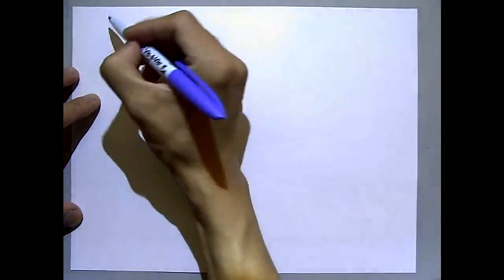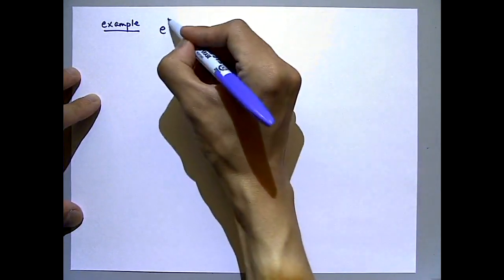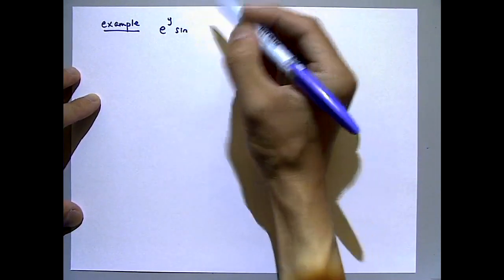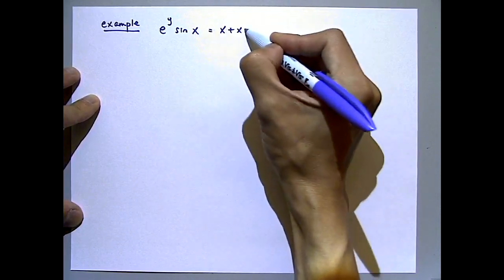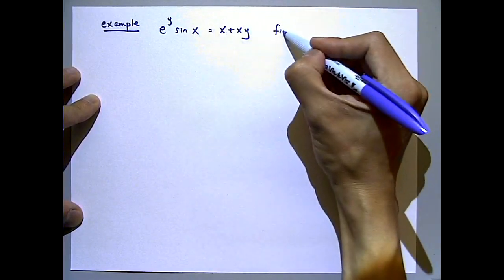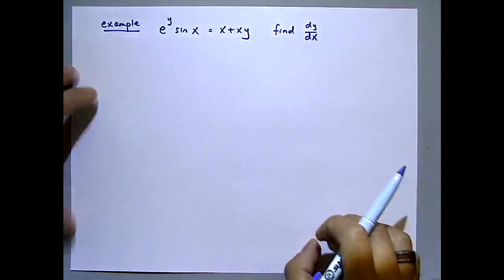Okay, let's try this on something else, a slightly more complicated function. E to the y sine of x is equal to x plus xy. Find dy dx.